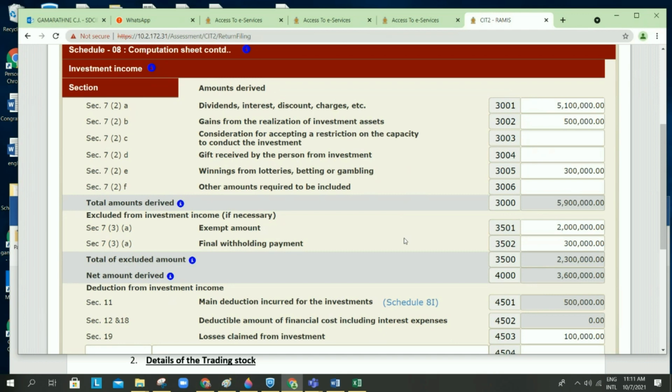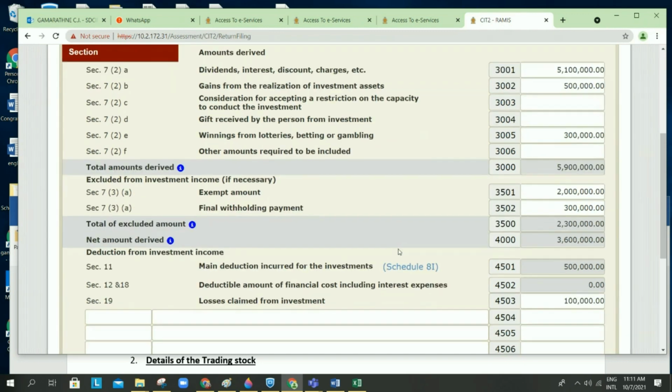Okay, then the total amount derived we take as 5.9, right? Then out of this value, we are going to exclude the exempt amount and final withholding payment, right? As an example, the 2 million dividend is exempted, due to dividend declared based on the net dividend received, right?